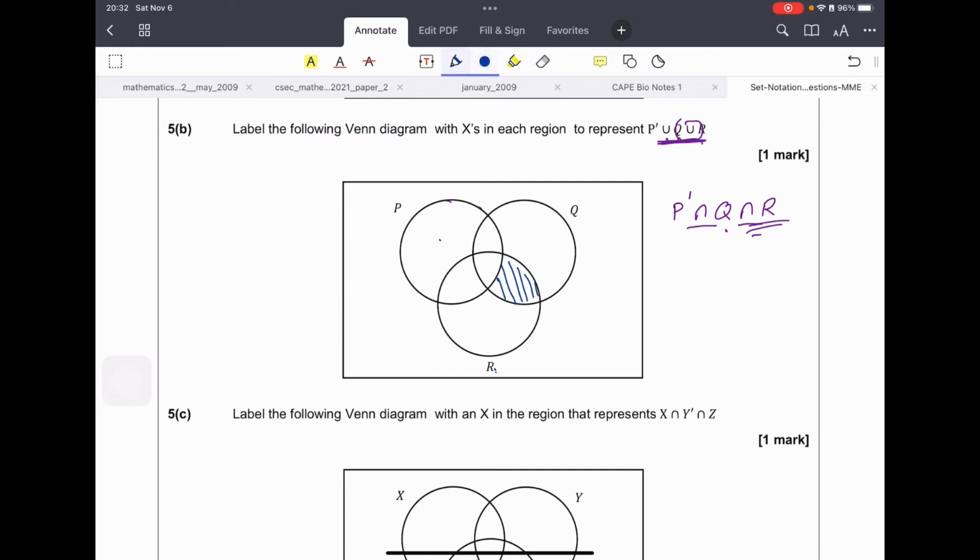So this is the only region on this Venn diagram that represents P prime intersect Q and intersect R as well. So everything that is common that R has, that Q has, that P prime has. That is the only region in this Venn diagram that shows that, okay?